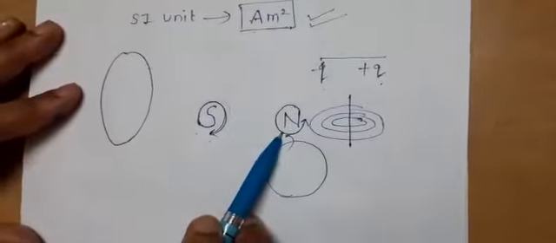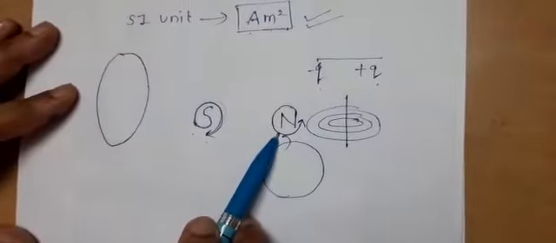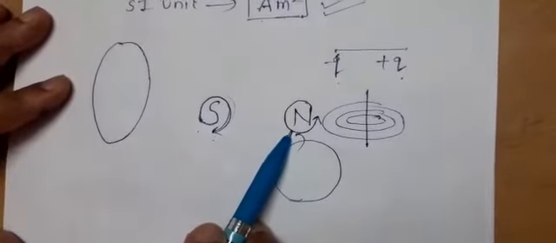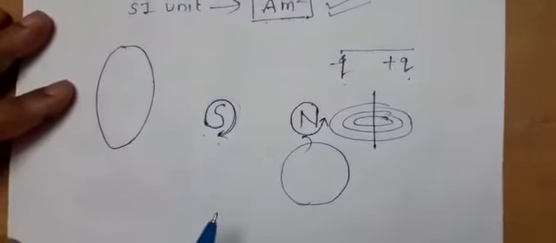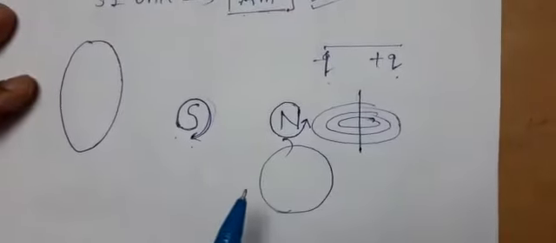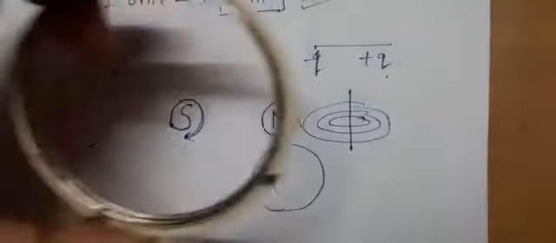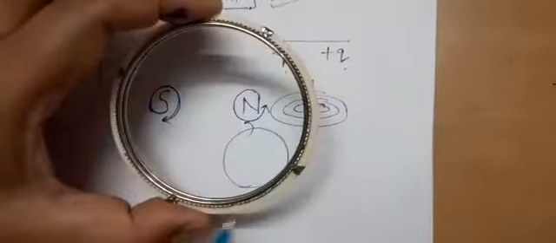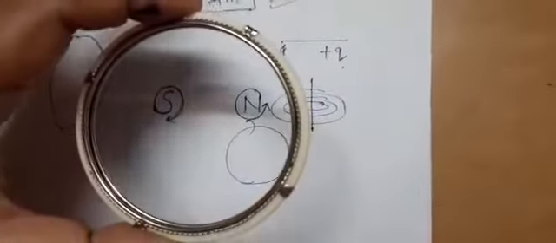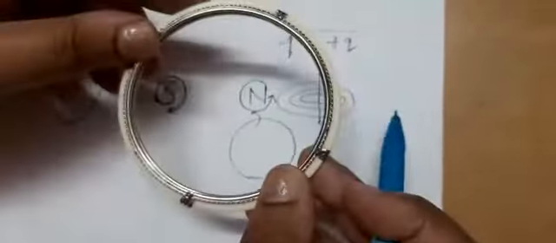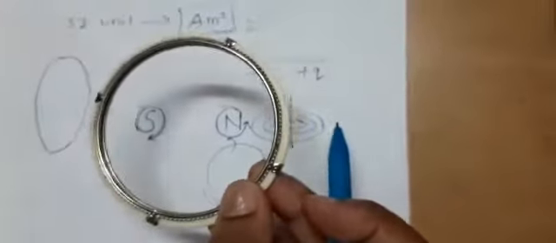So basically this is helping the development of south and north poles. So see here I have introduced magnetic dipole moment. It means for a circular coil, if the top face has south polarity and the bottom face has north polarity, some magnetic dipole moment is developed in it.